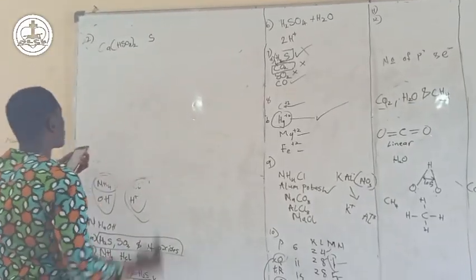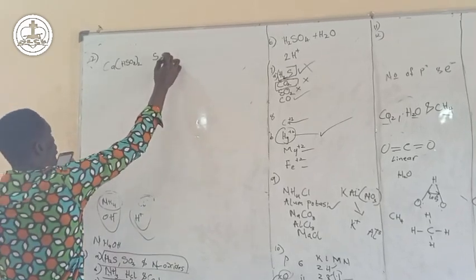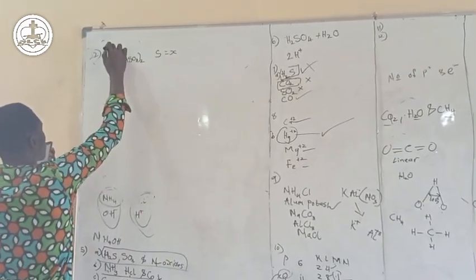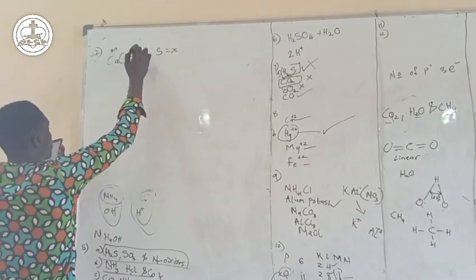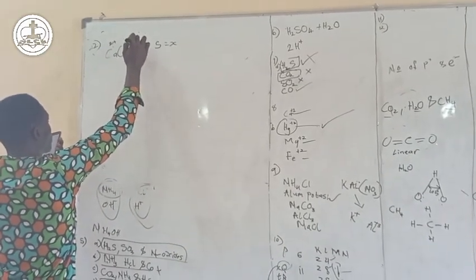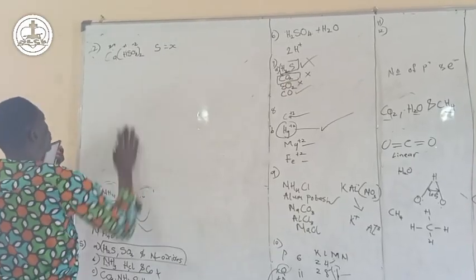Okay, let the oxidation number of sulfur be equal to X. We already know the oxidation number of calcium is 2 plus, the oxidation number of hydrogen is plus 1, and the oxidation number of oxygen is minus 2.